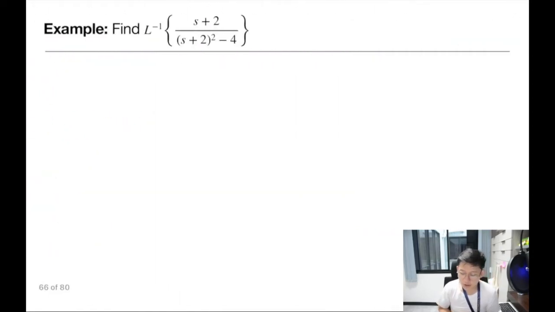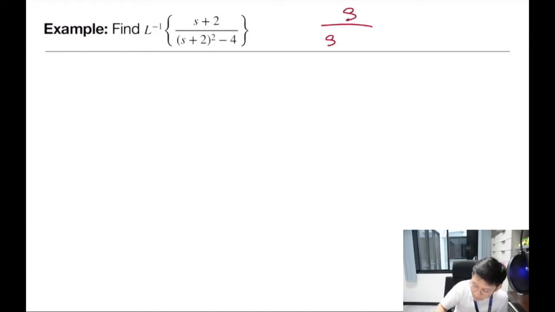Next, this example is quite simple as well. Here it's the form of s divided by s squared minus k squared. Okay, so if you look at this, you would need to look at this as one s, and this is the other s.